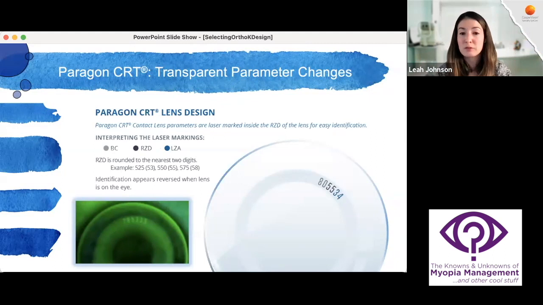I've had patients come in for their follow-ups and perhaps their vision wasn't optimal, and then I find out that they're not wearing the lenses that they were originally prescribed. Maybe they're wearing an old pair of lenses. We've even had siblings mix up lenses. So having these engraved parameters on the lens will help you as an ECP ensure that they're wearing the lenses that you prescribed.